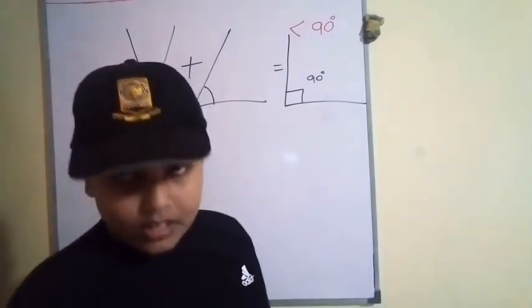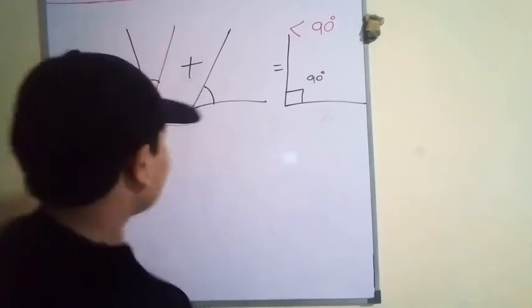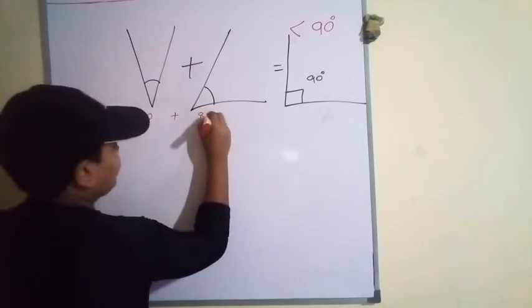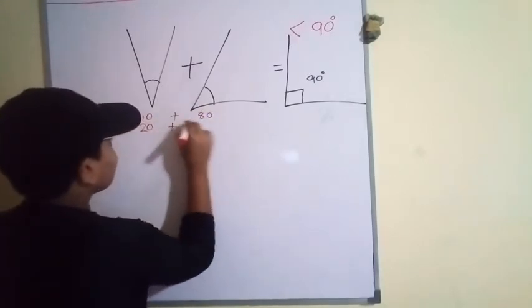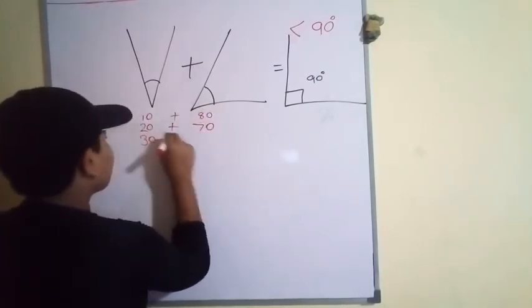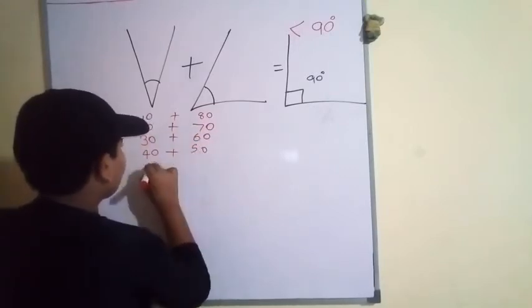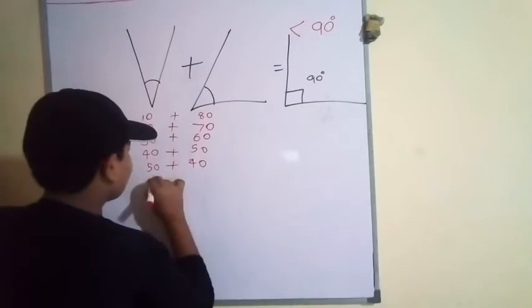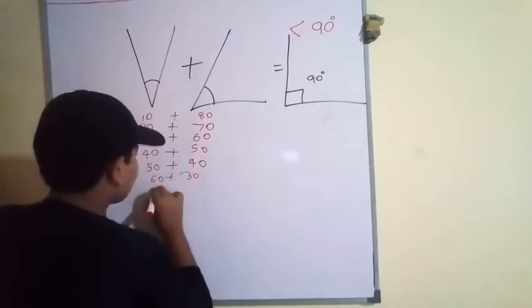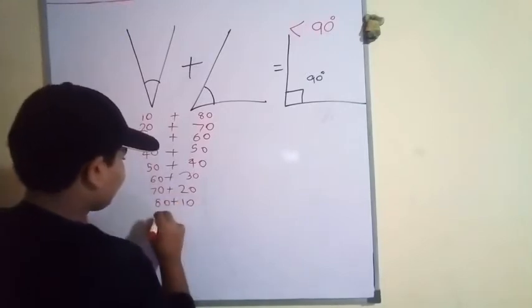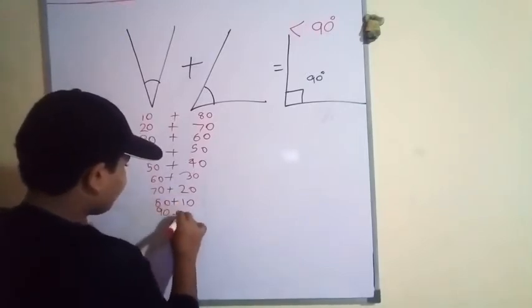Now you can get this as 10 plus 80, 20 plus 70, 30 plus 60, 40 plus 50, 50 plus 40, 60 plus 30, 70 plus 20, 80 plus 10, 90 plus 0.